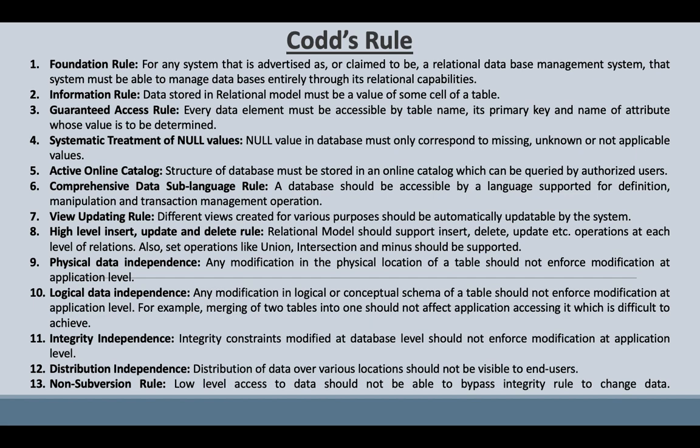Means if a system claims to be a relational database management system, right? Suppose you have created a database and that database is claiming that it's a relational database management system. So obviously that management system should be able to manage all the databases from the relational point of view.